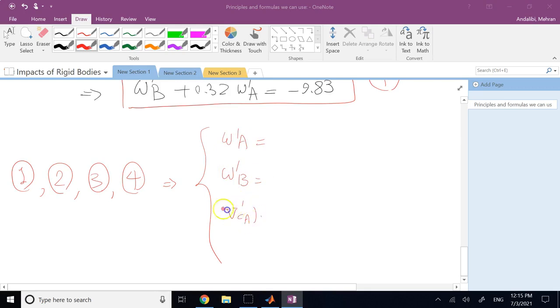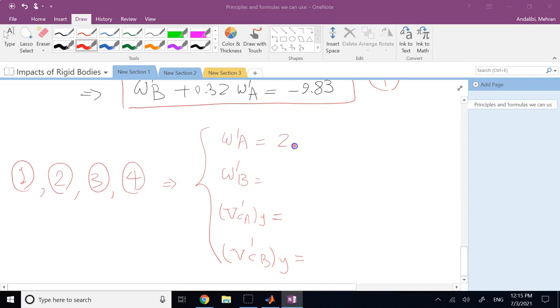And remember that the x components of the centroid were already found. They were constant, they were not changing. So it was the y component of the velocities of the centroid and the omegas that were changing.